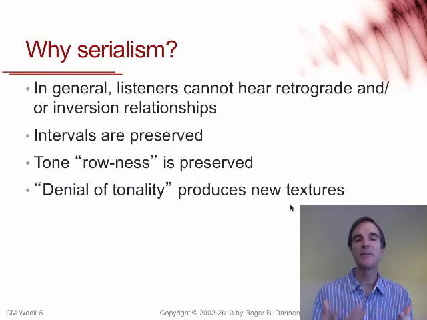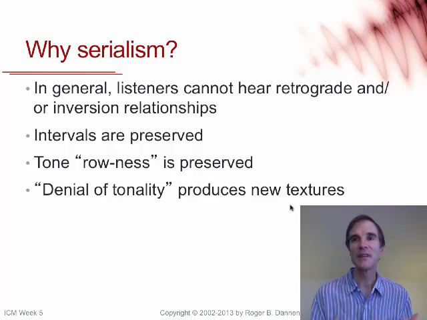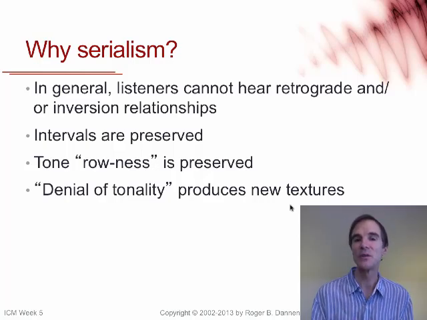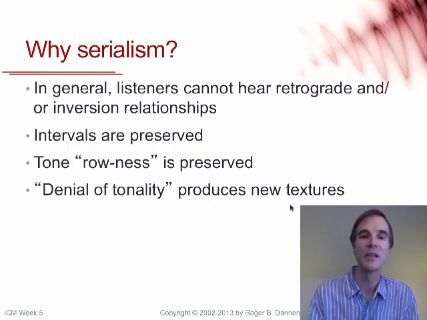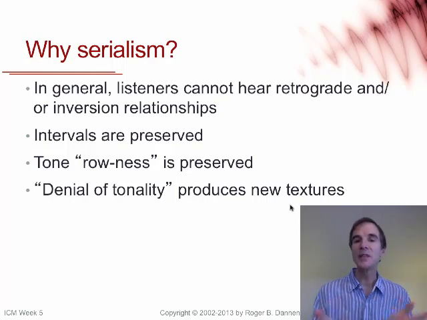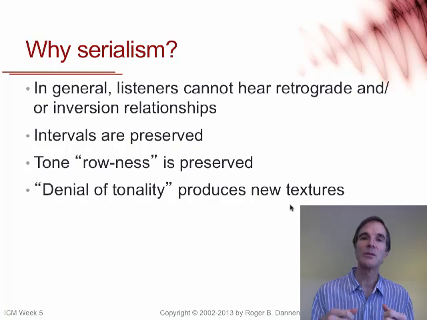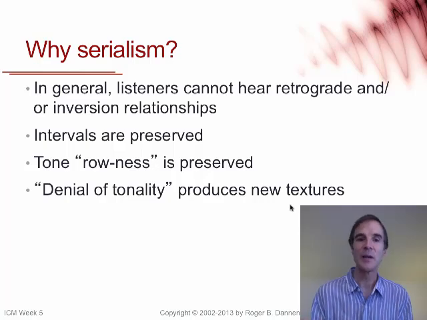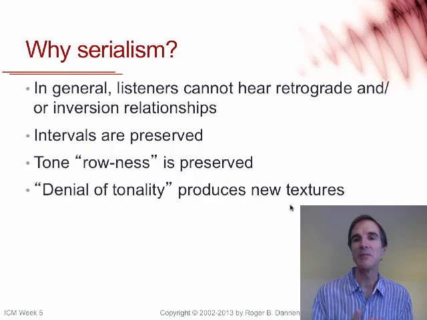And somehow there's this character of different tone rows that's preserved by these intervals. Also, if you do base music on these tone rows, you're sort of forced to use every pitch from the 12-note chromatic scale, and this sort of denial of tonality produces new sounds and new textures in music.